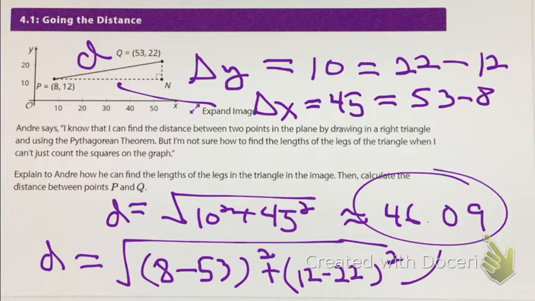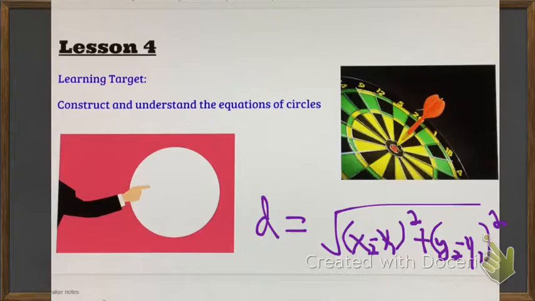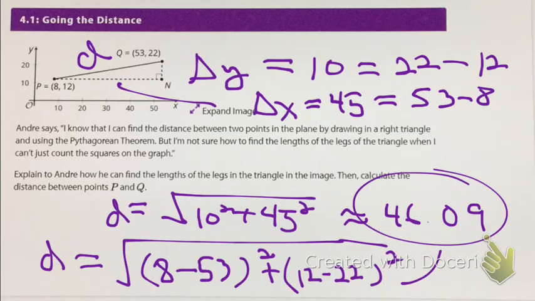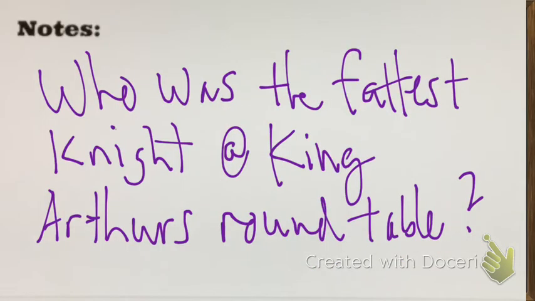That's how we really got there. It's the difference of the x's and the difference of the y's. That is the distance formula. We're using that again and again, and then we take it a little step further.